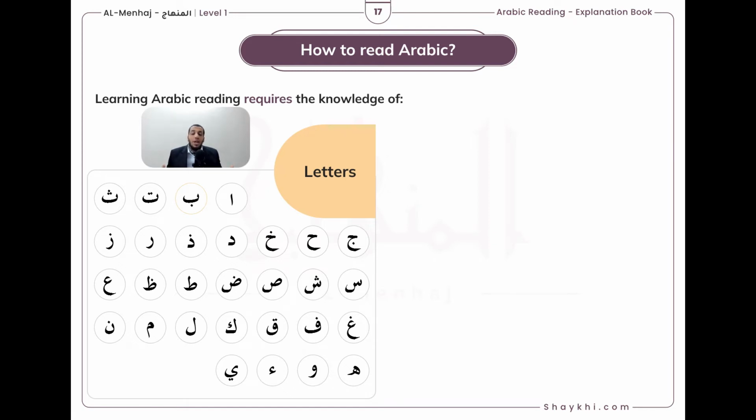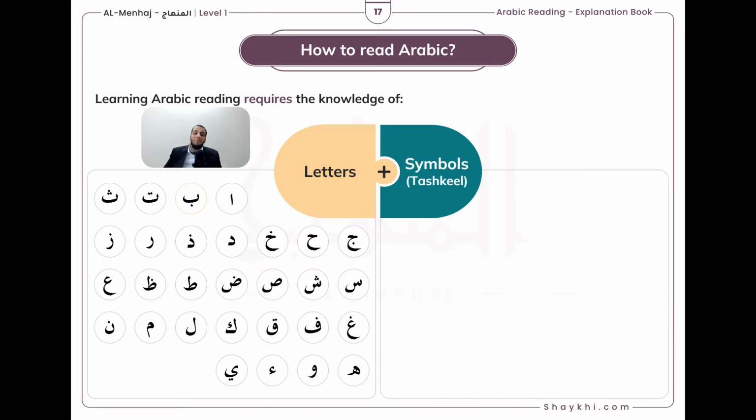So we need another thing to guide us, like a sign for us on how to pronounce these letters. For this reason, we have another thing, which is the symbols. These symbols are called in Arabic التشكيل. So التشكيل is like a sign that guides you how to pronounce the letter.